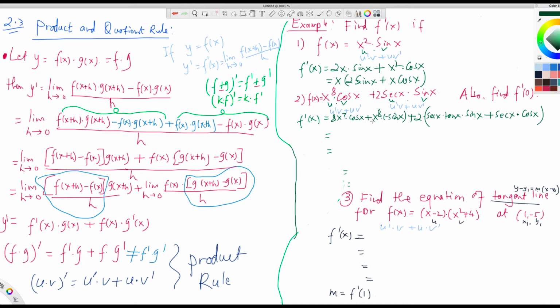Can you factor out anything from the first two terms? It is x to the 7, right? Let me take x to the 7 out. What is left is 8 cosine of x, and there is minus x sine x. Does that make sense? Because there is x left and there is a negative sign, that will be negative x sine x, right? And then plus 2. I want to write in sine and cosine. It will be 1 over cosine of x, because the reciprocal of cosine is secant, and the reciprocal of secant is cosine.